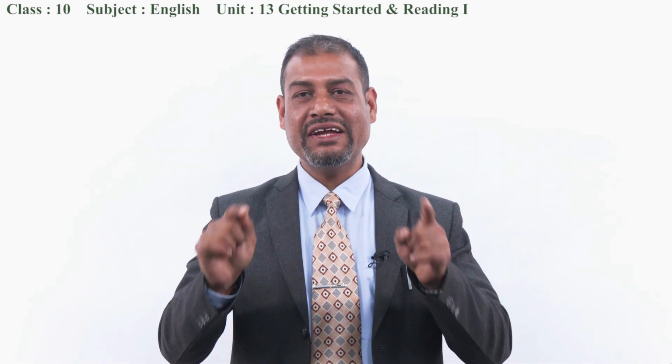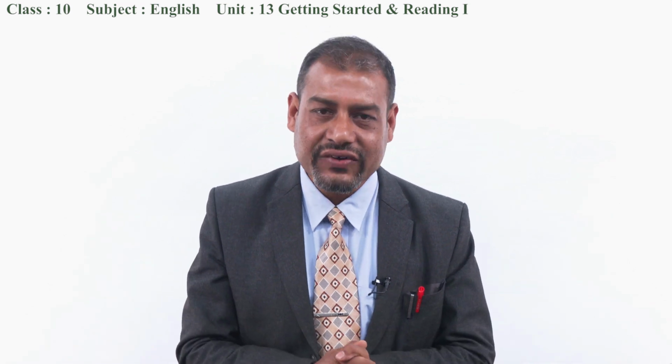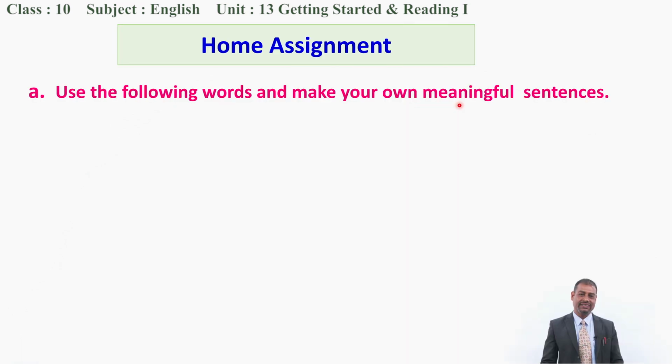Now, the final task for you that you will have to do at home in your free time, and that is your home assignment. So what is it? Can you guess? See, it's interesting. Use the following words and make one meaningful sentence for each. You have got the meanings of some unfamiliar words in the text. Now you have to bring them into your practice, so that you can frequently use those words in your communication and writing.